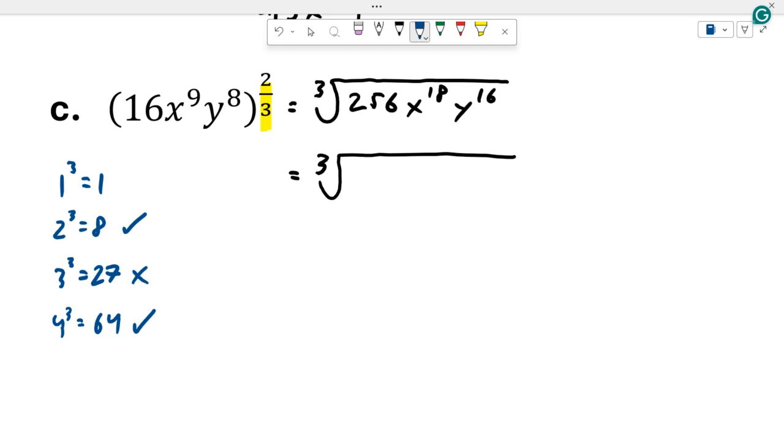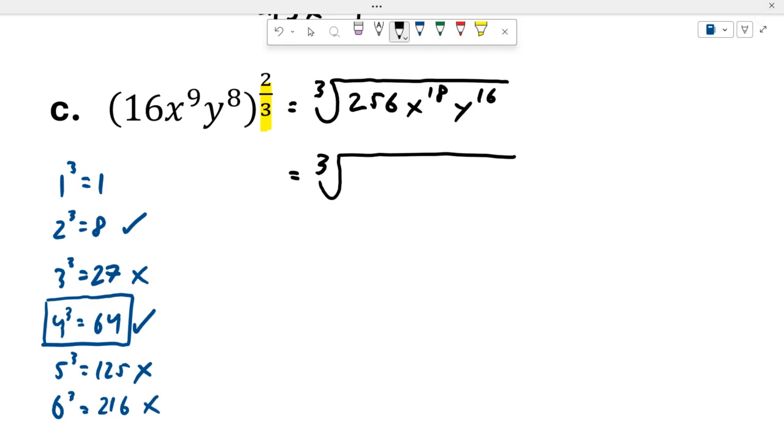And I'll tell you right now, if you keep going, like if you were to try 5 cubed and get 125, that doesn't work. 6 cubed is 216, that definitely doesn't work. And once you hit 7 cubed, which I think is 343, now you're above 256. That's obviously not going to work, right? So our winner here, the largest cubic number that goes into 256, is 64.